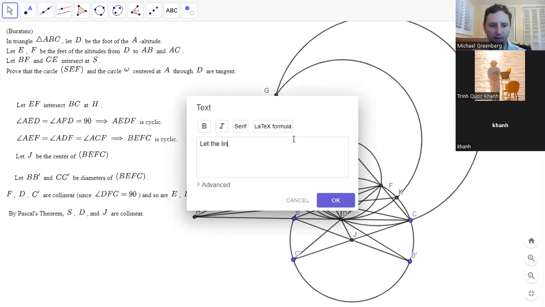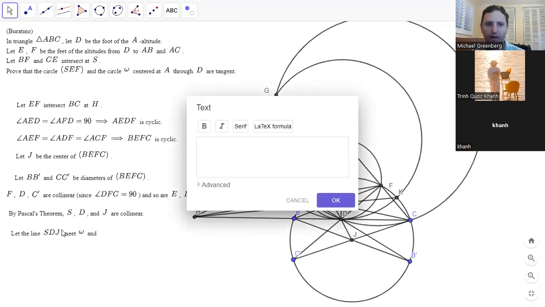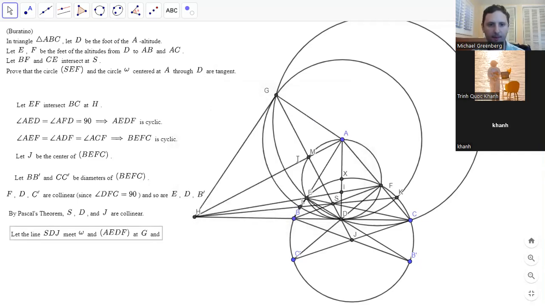Let the line SDJ meet omega and AEDF at G and M.